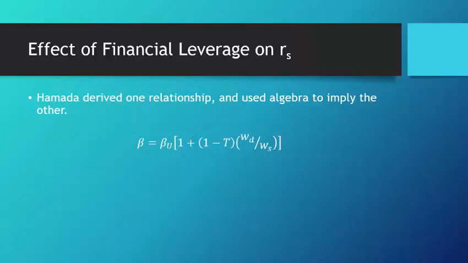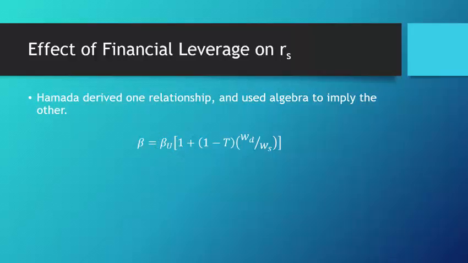Now I've adjusted the notation here to be just slightly different from in the book, because I wanted to point out that these B's that they have in the book are really the beta estimate. And the best way of doing that is actually making them betas, okay? So the beta without any letter below it is the beta with debt. And the B sub U would be the unlevered beta.